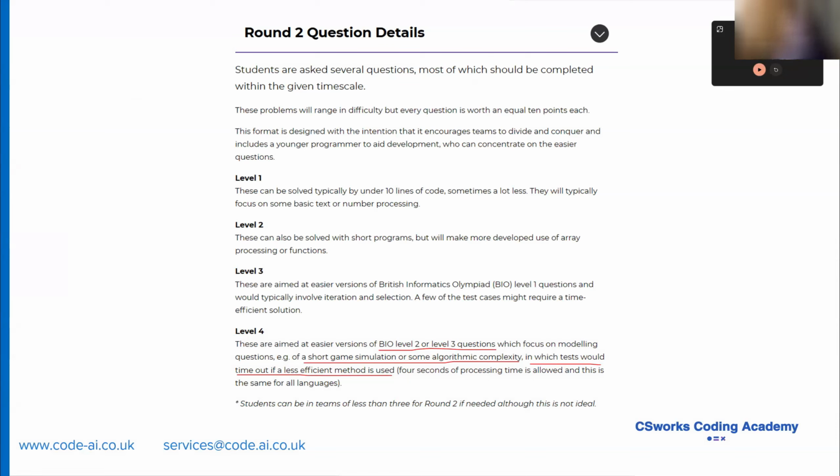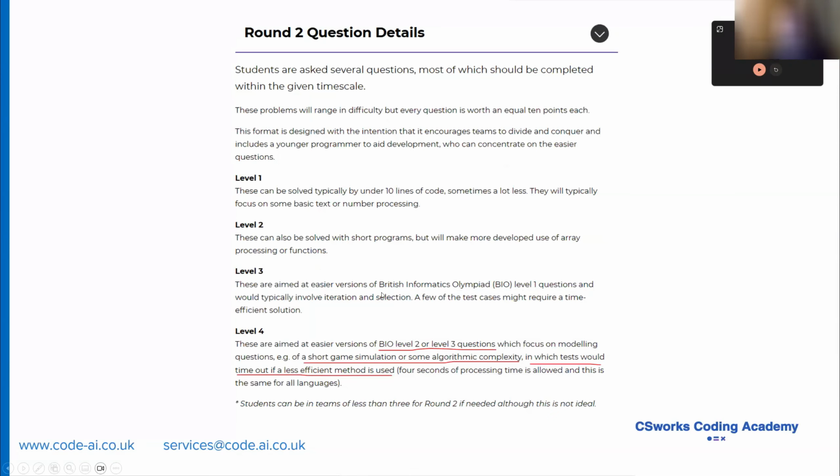They actually give you a time limit, not to complete the question, but for the computer to run your solution. So it's 4 seconds of processing time. If you write an inefficient solution that requires more than 4 seconds to run, you will lose marks. So that's also very important to remember.